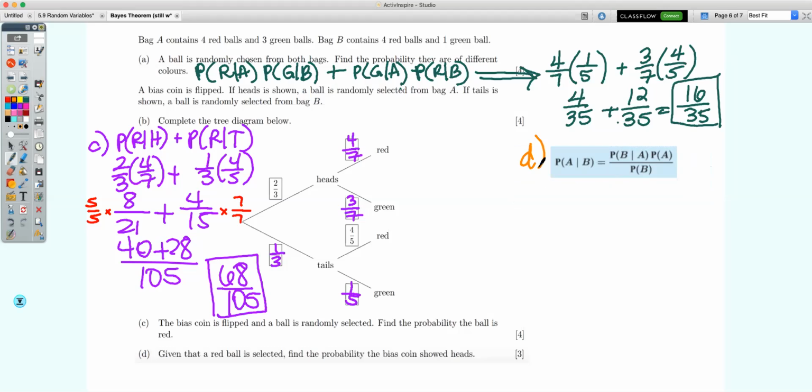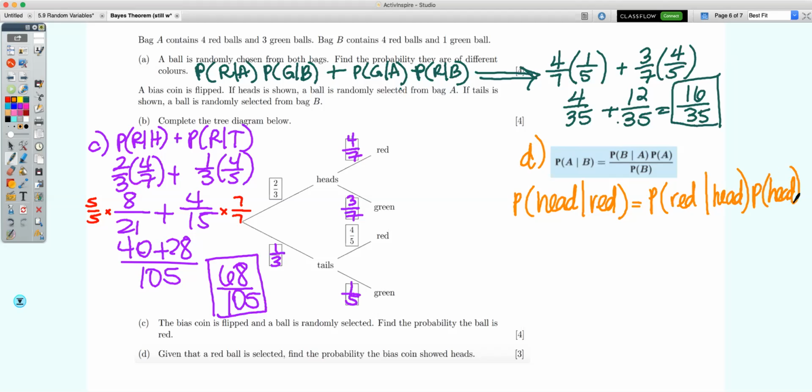So we want that the biased coin shows heads, given that a red ball is selected. So we would set this up as heads, given that it's red. So then that means we want the probability of it being red, given heads, times the probability of heads.